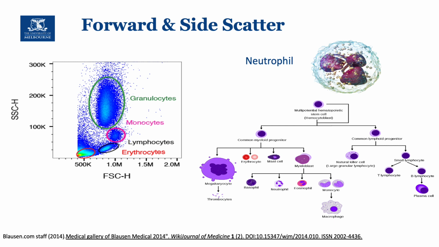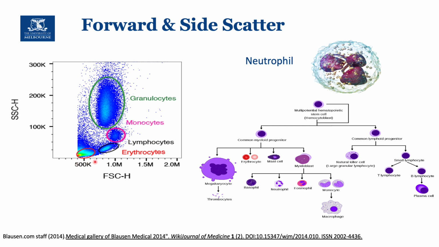The typical plot, and I think the classical plot in terms of scatter, showing forward and side scatter measurements and how they correlate with properties of the cells, is what you see when you run, for instance, lysed blood through a cytometer.